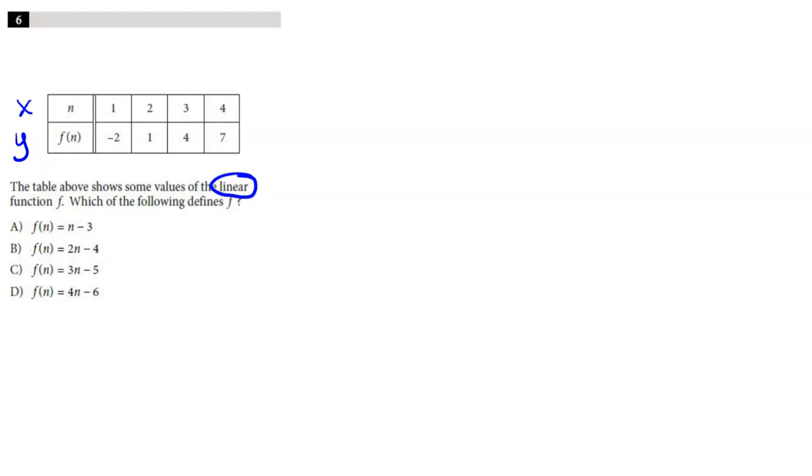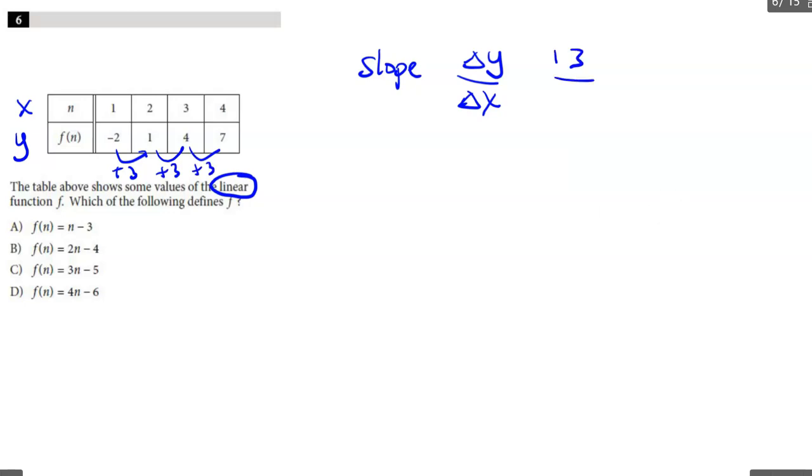Something I want to show, though, because I think it's important, is that an easy way to find slope is change in y over change in x. So when I'm looking at this chart, my y is increasing by 3 every single time. We're going up by 3, positive.